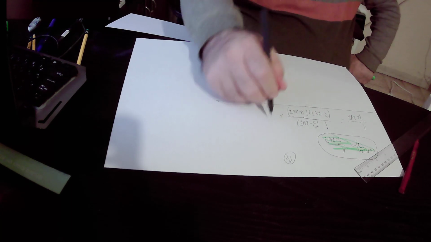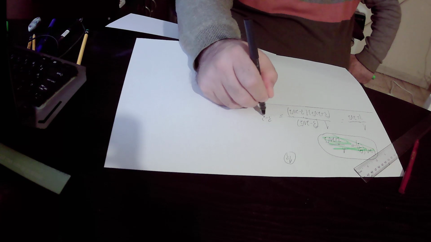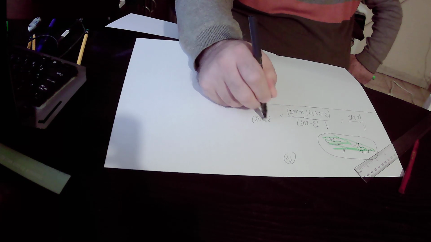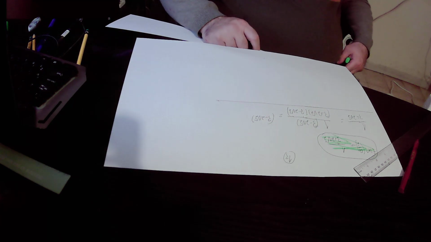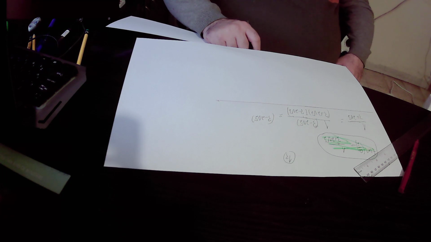So here we have 3 minus 2 times square root of 2 in the numerator. In the denominator we have the expression 3 plus 2 times square root of 2 times 3 minus 2 times square root of 2. It is very similar to the algebraic identity that states that a plus b times a minus b equals a squared minus b squared.